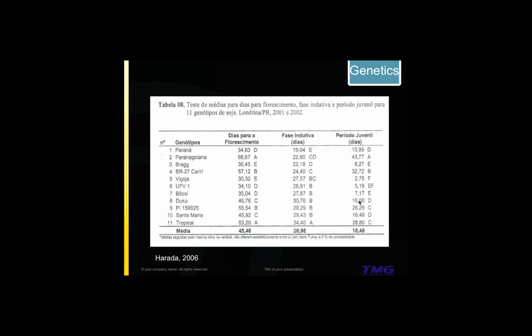We try to make things easier. So we work with, say, 2 major genes. But again, we know that there are more genes with smaller effect, and the recombination of these allows you to pull different degrees of juvenile period on this population.